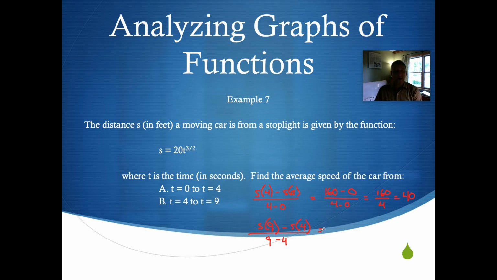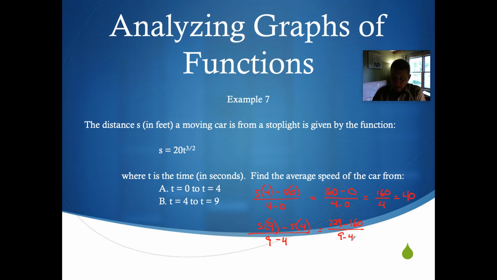So S of 9, well, what is 9 cubed? 9 times 9 is 81, and 81 times 9 is 729. Okay, so this becomes 729 minus S of 4, we already calculated, is 160, over 9 minus 4.